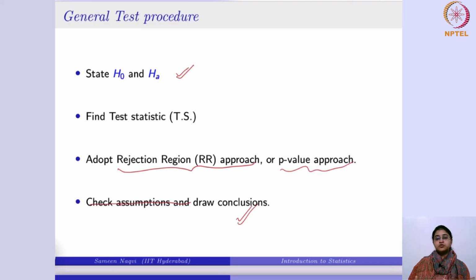Then we came to the two different types of errors in hypothesis testing, what is meant by them, and the technical meaning behind them, and we saw different examples. Then we came across some important terms, including simple and composite hypothesis, test statistic, rejection and non-rejection region, critical value, and p-value, and we have seen the general test procedure.